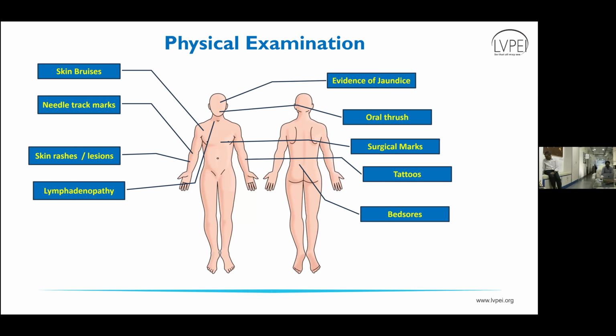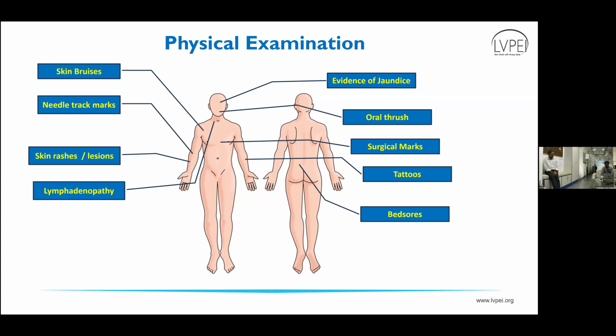So why do we need to check all these? There are two advantages. Sometimes in voluntary information calls, when we receive calls from home deaths, the family members will not be able to tell any information about the medical condition of the patient, right? In that case, this physical examination will definitely help us identify diseases in the donor.